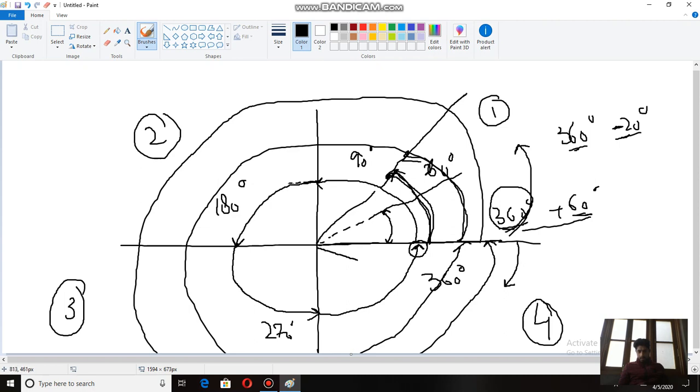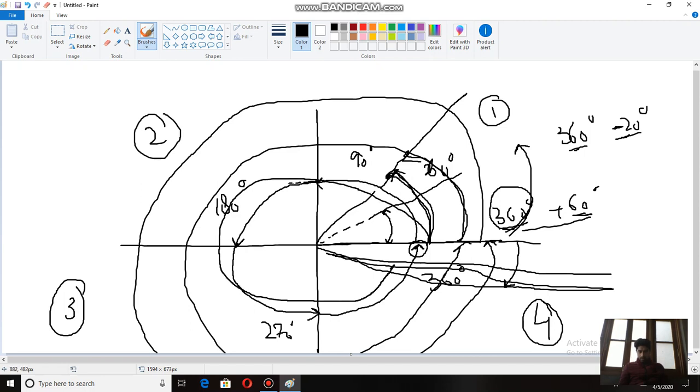Now the line will be here, for example like this will be the line. So this much amount will be this angle 360 minus 20 degrees. I hope it's clear.